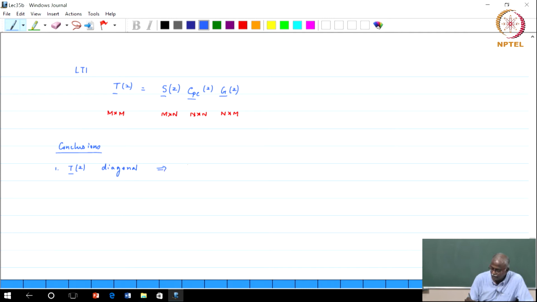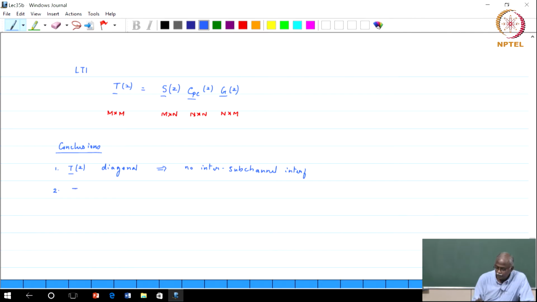Diagonal implies no inter-subchannel interference. Okay, that is very important for us in the design of the system.